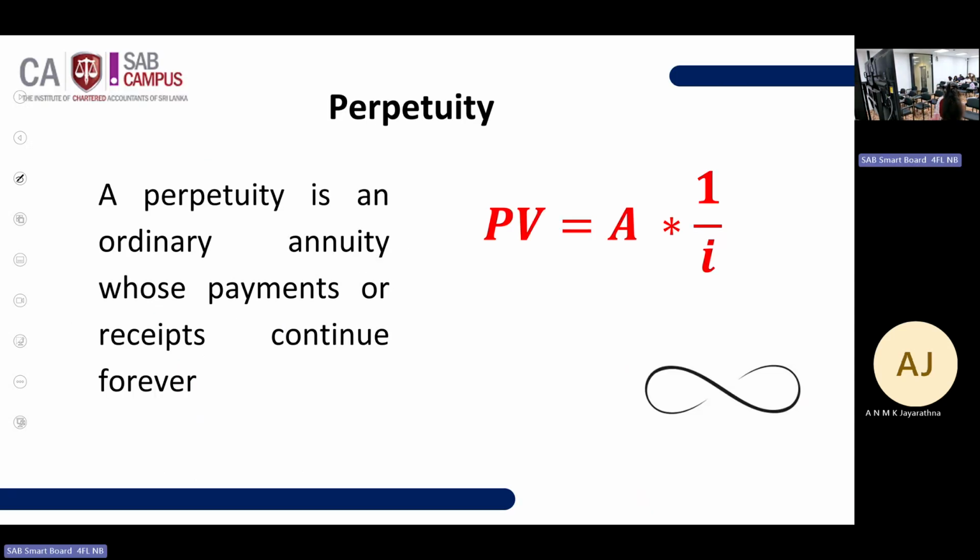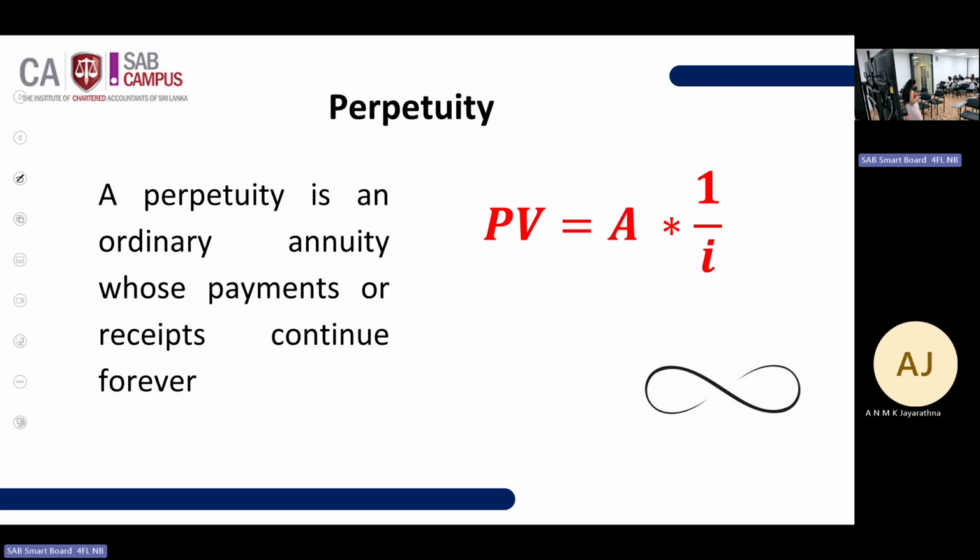Next one again, perpetuity. What is meant by perpetuity? Perpetuity also comes under the annuities, a type of annuity. Perpetuity means until infinity, you are going to have the same cash flow, that means in the long run.